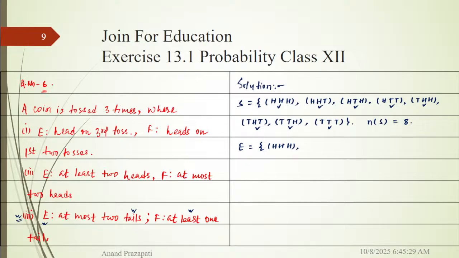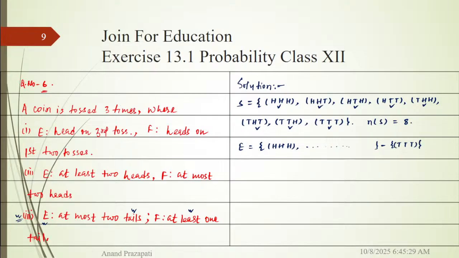So we write down all of them, only we leave this one, TTT. So 1, 2, 3, 4, 5, 6, 7. So all sample points except TTT.